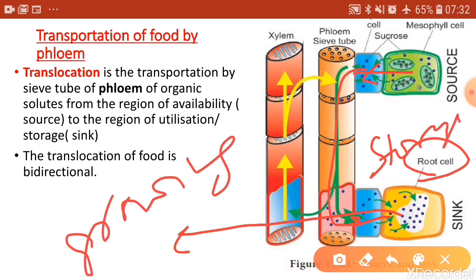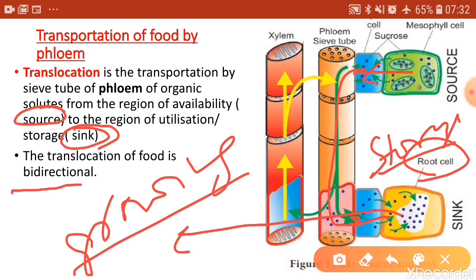So in the spring season, when this type of transportation occurs, the storage organs will be serving as the source, and the growing region, that is the buds and all, will be serving as the sink. So one direction is from the leaves to the storage organ, and the other direction is from the storage organs to the growing region. That's why we say that translocation of food through the phloem is bidirectional.